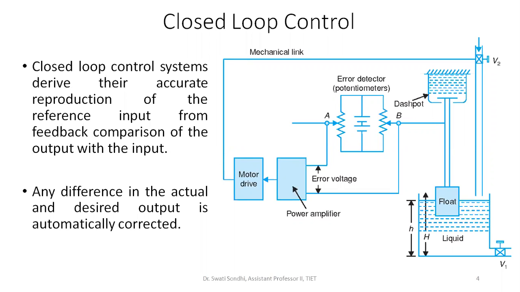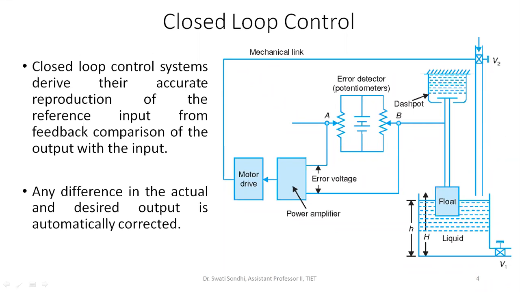Now, this figure is of a system where we want to maintain the height in the tank as H. You can see there is a tank at the bottom which has a float, and there is an outlet valve V1. On the top, there is an inlet valve V2 from where the liquid is coming into the tank.